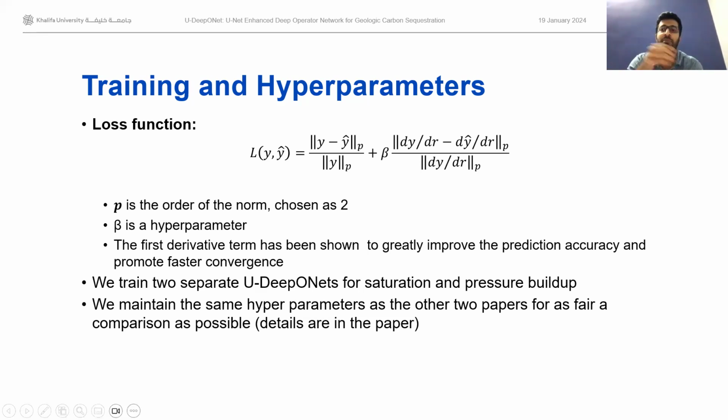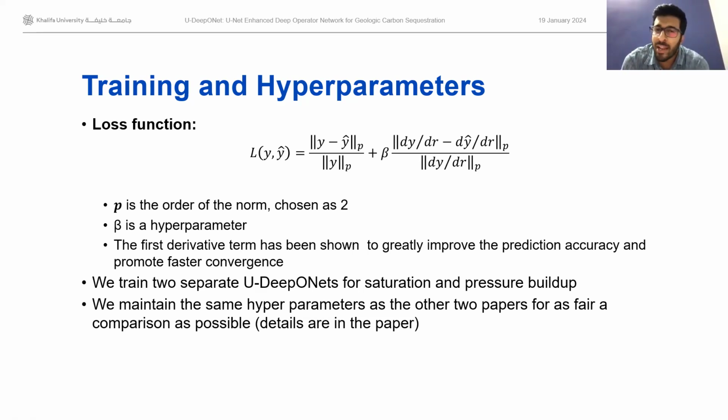Yes, it has the same resolution as the solution. To be honest, in our testing, although this is reported in the literature in multiple papers, it doesn't make that big of a difference. It certainly improves, but in our U-DeepONet, it wasn't that significant.